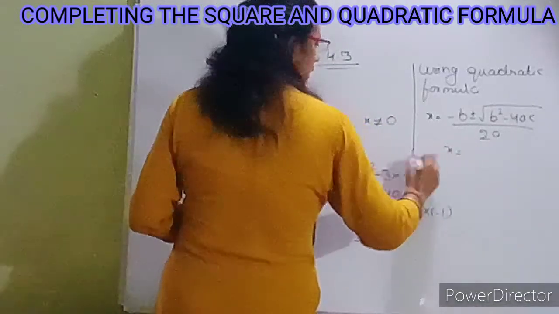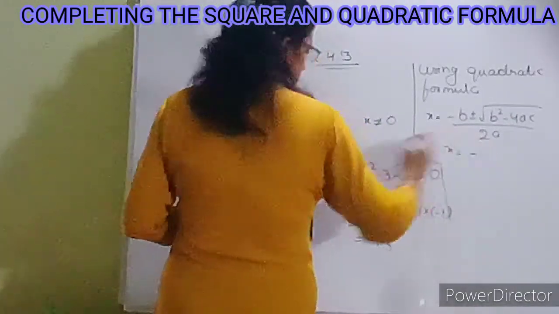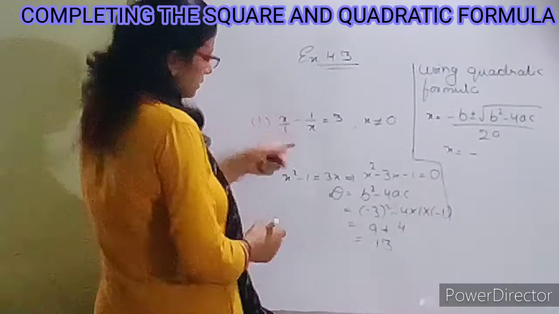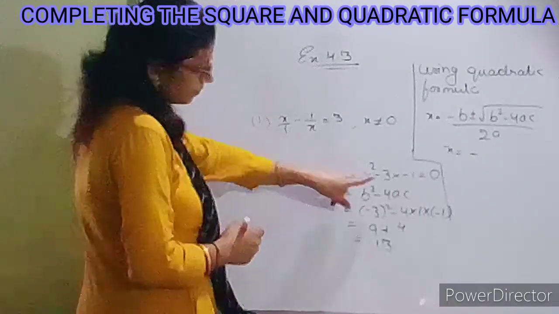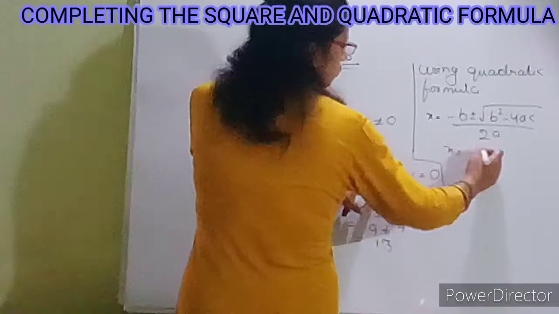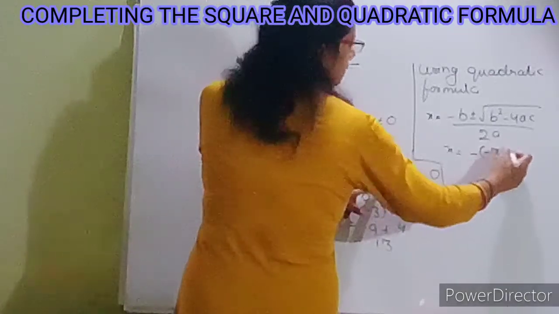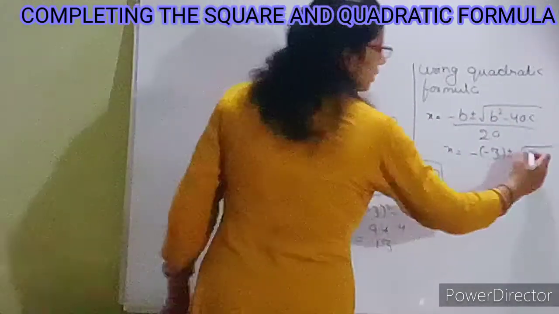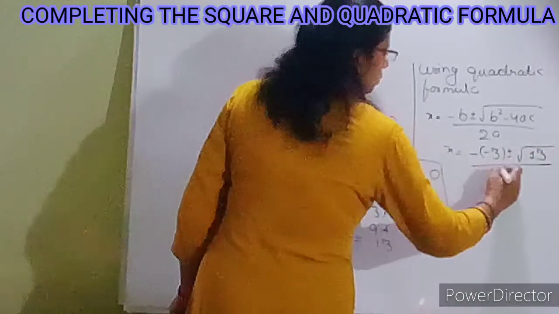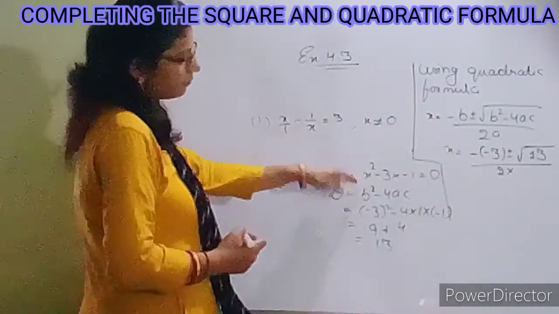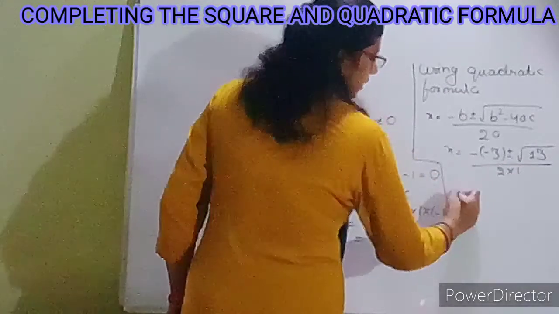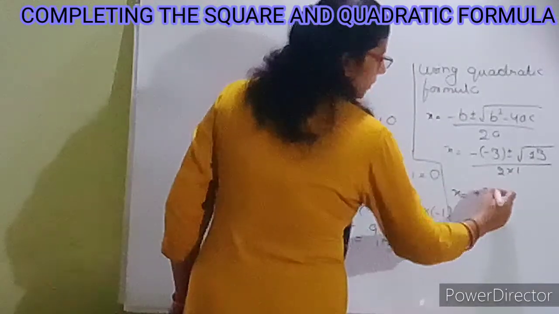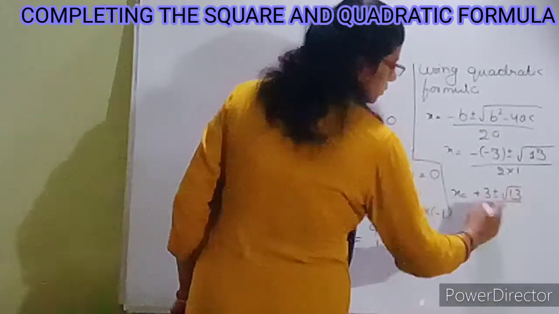So therefore x equals to minus, what is b? b is, right now in this equation, minus 3. So minus (minus 3) plus minus root of b square minus 4ac. Right now I got 13. So I am writing 13 upon 2 into, what is the value of a? 1. So I got the value of x as 3 plus minus root 13 upon 2.